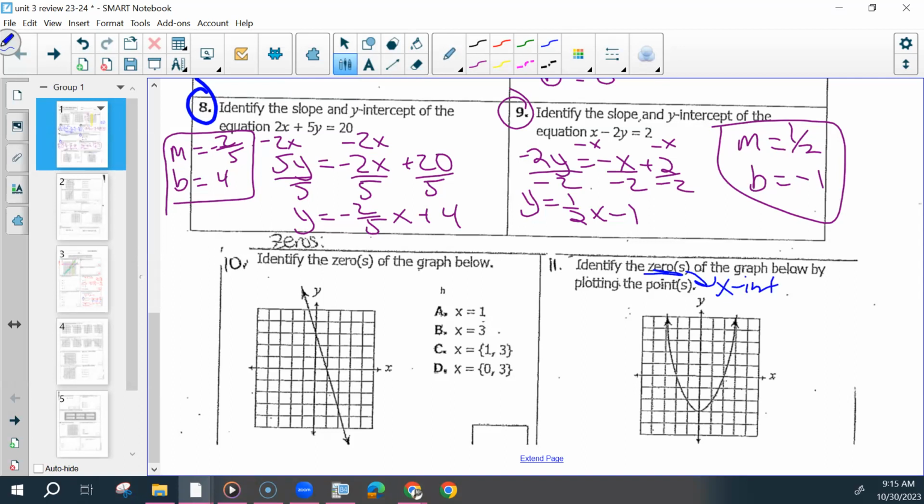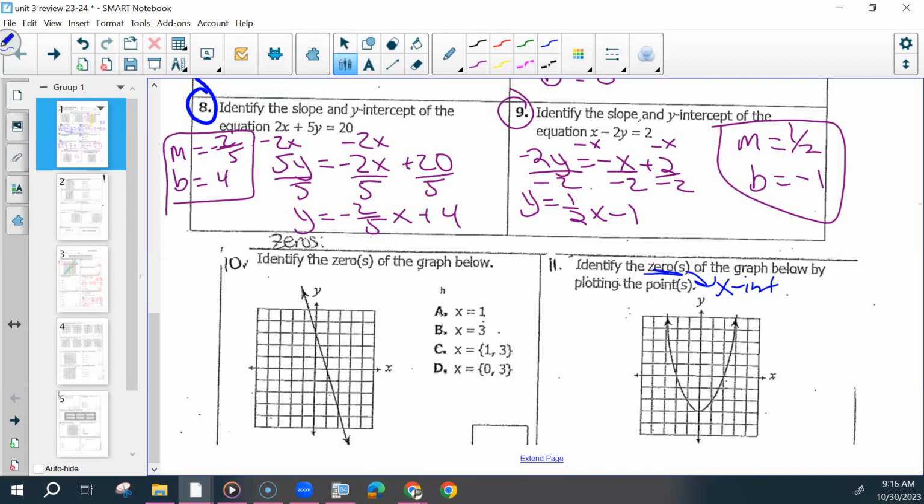There are two other words for x-intercepts. Does anyone remember what they are? So x-intercepts are zeros and two other things. Solutions and roots. So keep that in mind.